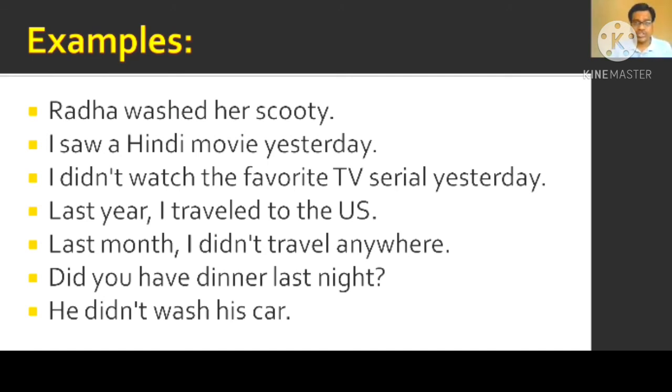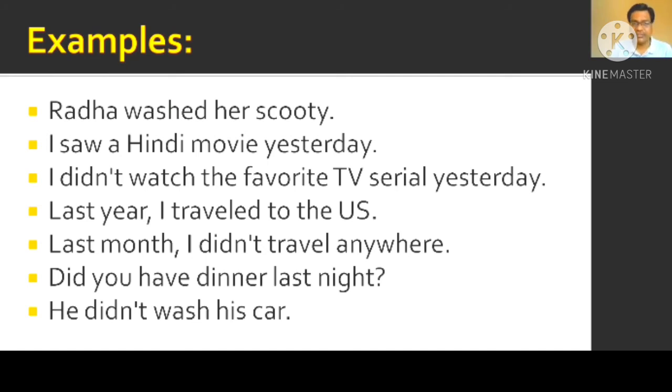I didn't watch the favorite TV serial yesterday. Maybe I was busy with some other work, so I could not watch my favorite TV serial. I didn't watch the favorite TV serial yesterday. Last year, I traveled to the United States of America.